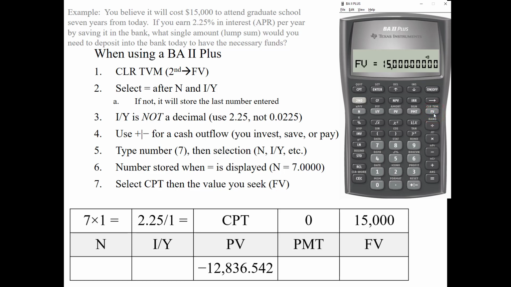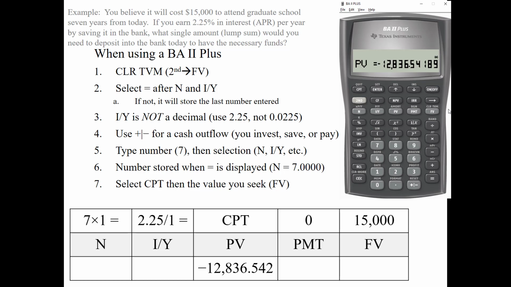calculate or compute our present value, and we could simply hit CPT and PV, and we find out that we'd have to save $12,836 and about 54 cents. You'll notice that it's a minus sign here because that assumes that in order to save it today, it's a cash outflow. It would be money coming out of our wallet to go into the bank.